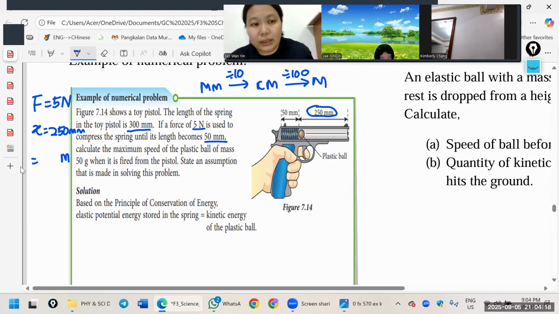So divided by 1000. So we will get 0.25 meter. Just now, did you say multiply or divide? Divide. Divide is right. Okay, then calculate the maximum speed. V equals question mark.